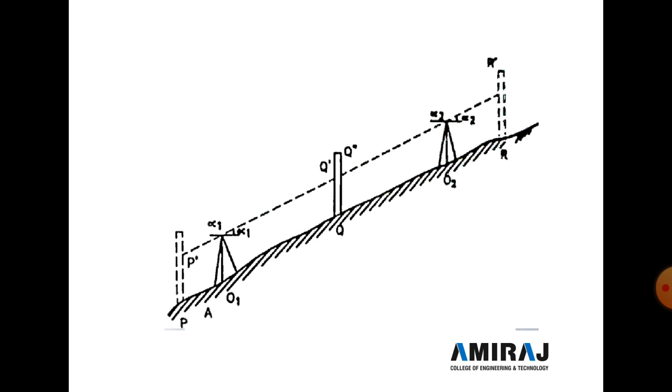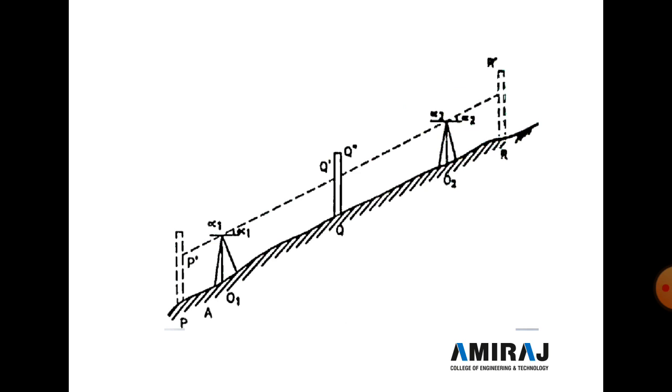Now the staff is held at point R, and without changing the vertical angle alpha 2, measure the slope of QR. Here alpha 2 is not changed; rotate the telescope, measure the same vertical angle alpha 2 and measure the slope distance QR.